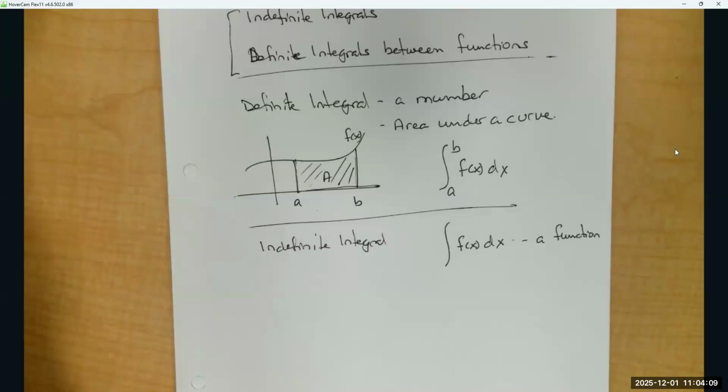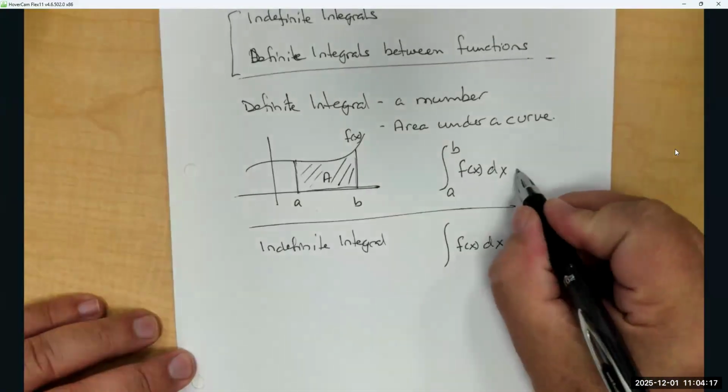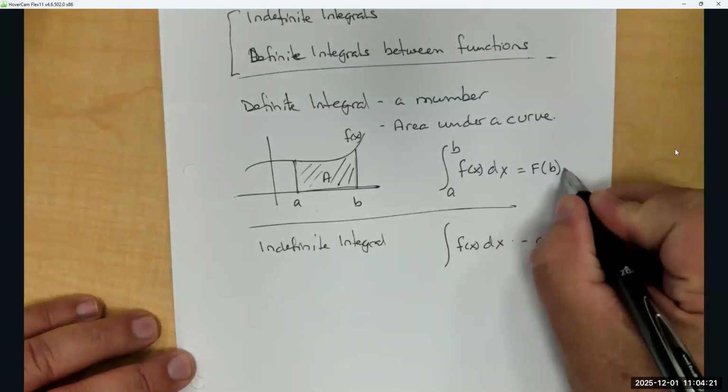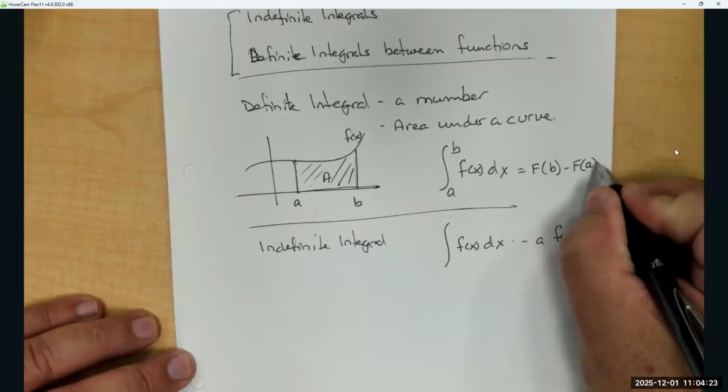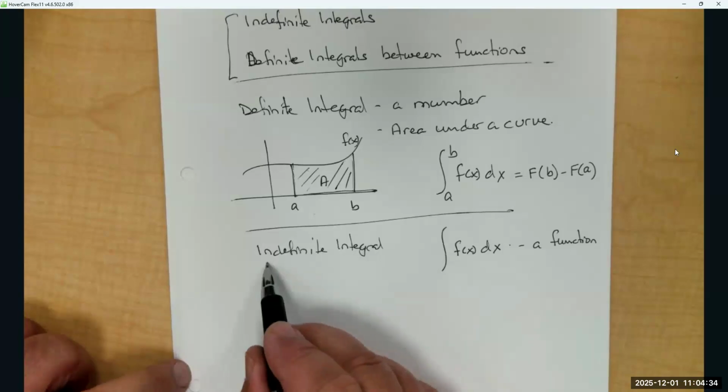Because since it is indefinite, we can't come up with a value. Remember, when we take the integral of a definite integral, what we end up with is the upper bound minus the lower bound. That doesn't work that way with indefinite integrals.